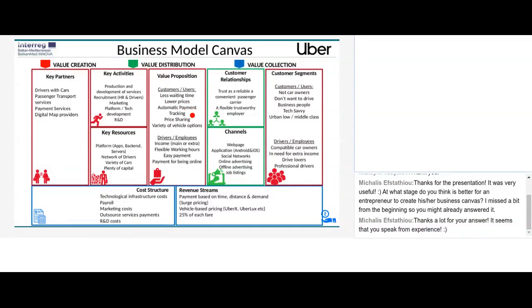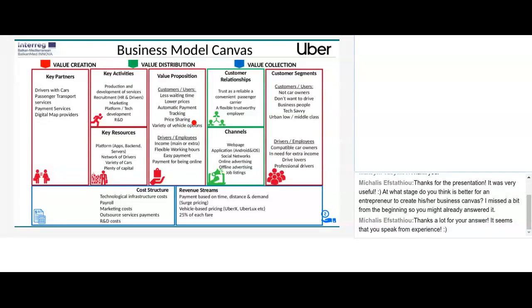automatic payment system, which is really important because I don't know if you had any bad experiences with taxi drivers before, but many times they try to scam you, especially if you're a tourist. Then you have the tracking, which is really important. You can see exactly how many kilometers the driver did, and you can really see that it's a transparent system.